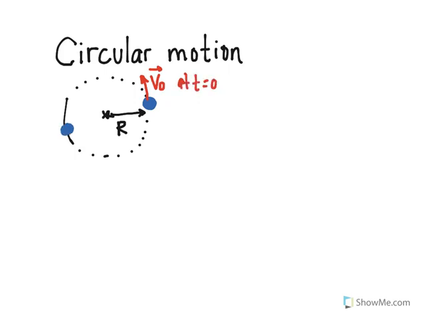Now, seconds later, the particle can be moving with the same speed at another time, at time t, for instance. And probably the magnitude is not changing, but since the velocity is changing its direction, then the vector itself is changing, which means velocity is changing.